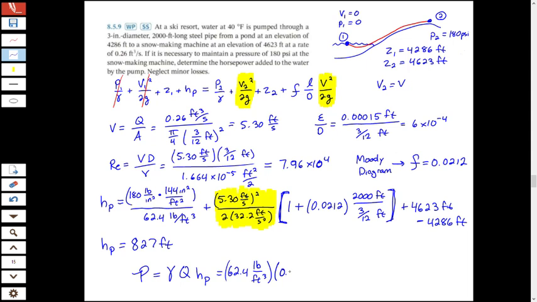Our volumetric flow rate, 0.26 cubic feet per second, and then 827 feet for our head. And then this will give us 13,420 foot-pounds per second. And if you convert that over to horsepower, it'll be 24.4 horsepower.